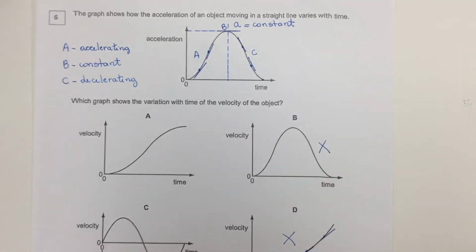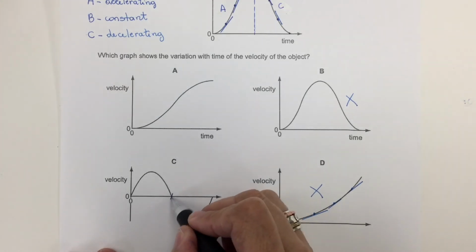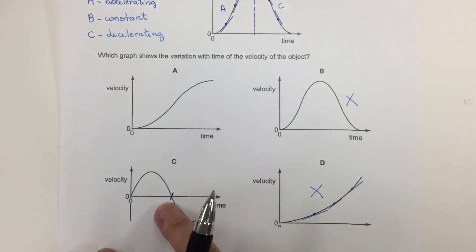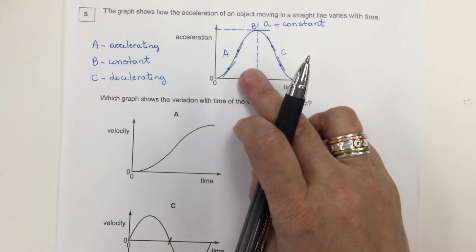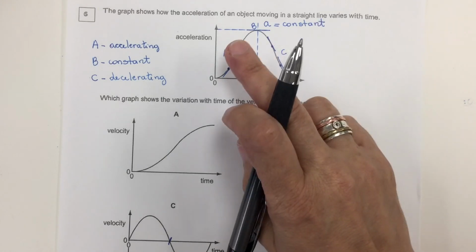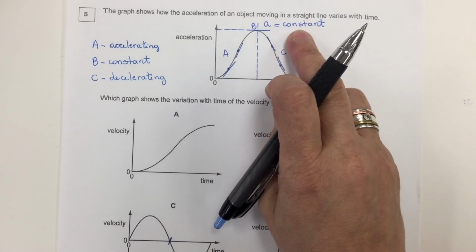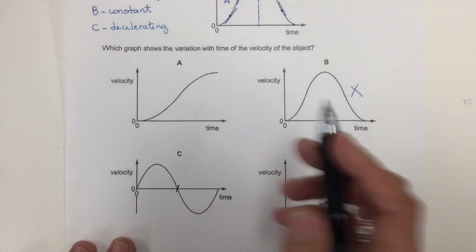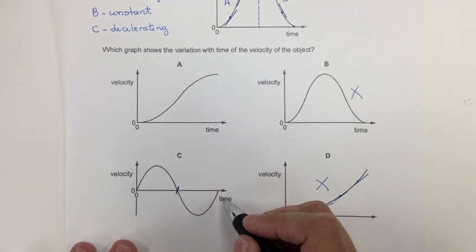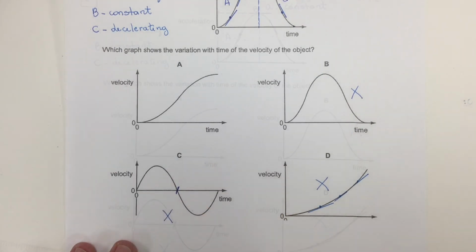I eliminate this one too. The biggest flag about option C is right here. This indicates the velocity is 0, but there is no indication in this graph that the velocity is going to be 0. Here, it is either accelerating, decelerating, or at a constant acceleration. So this is a big no-no. I won't waste my time trying to understand this graph, as it is already showing that it is wrong.